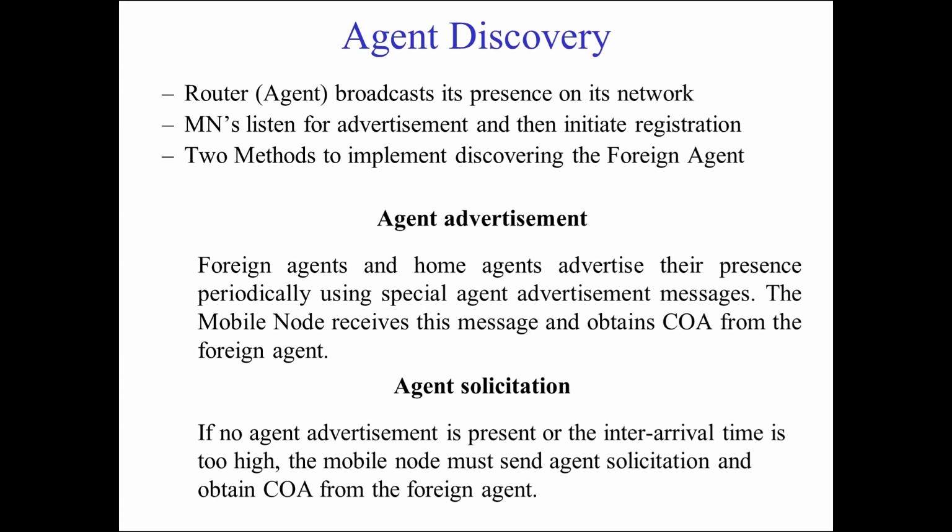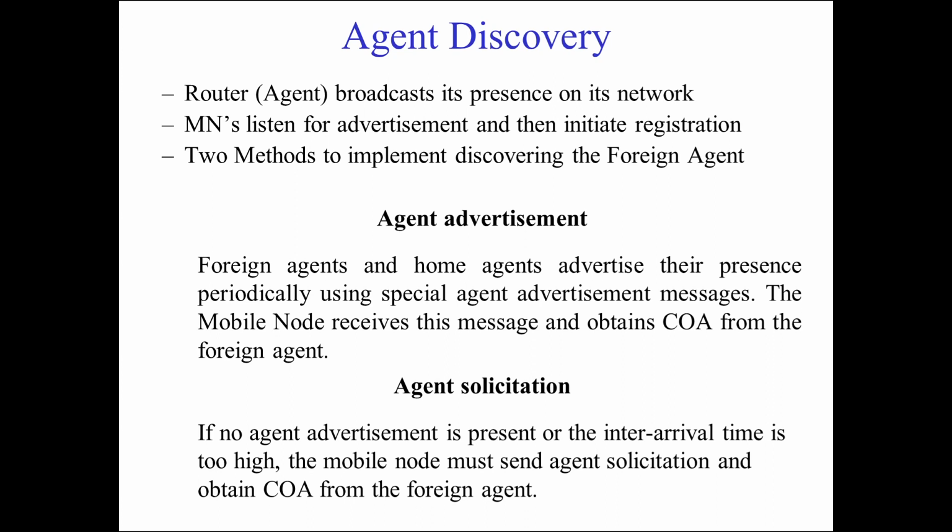When a mobile node newly joins the network, it will receive that agent advertisement message and get to know about the agent, and both will share messages, and thus the foreign agent will come to know about the arrival of the mobile node. This process is done in two ways. Two methods are there to discover the foreign agent.